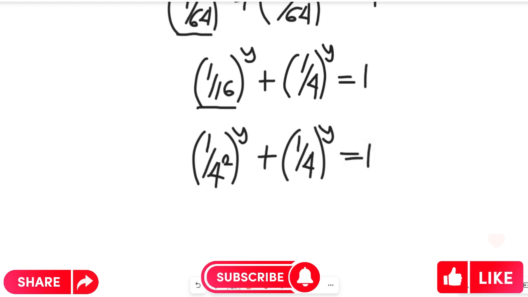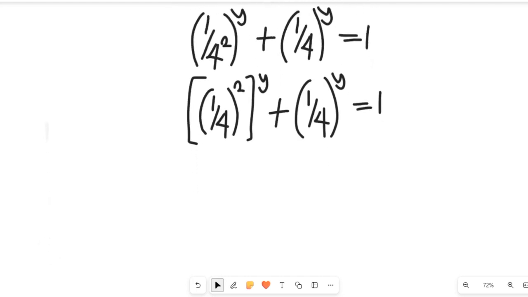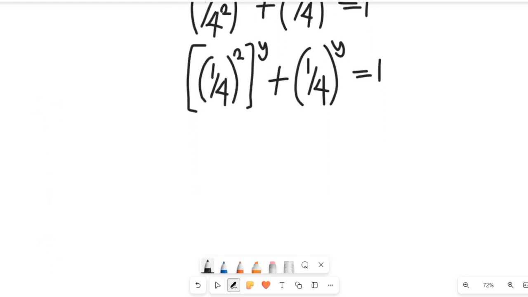Now recall that 1 divided by 16 can be written as 1 divided by 4 all squared. Why? Because 1 squared is still equal to 1. So let's look at a law of indices.